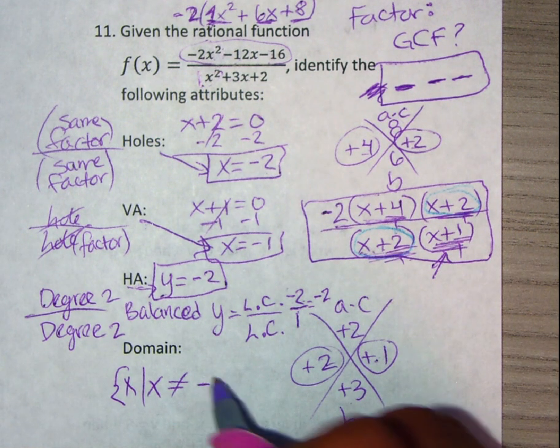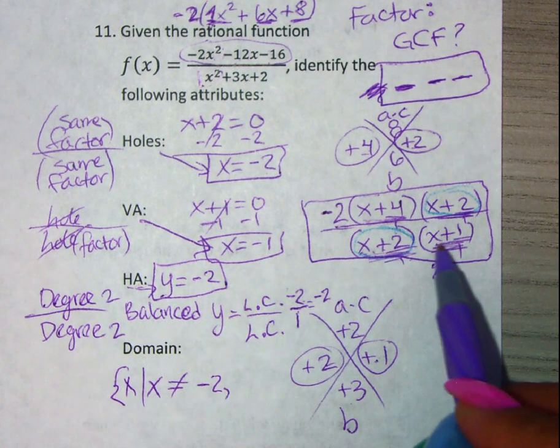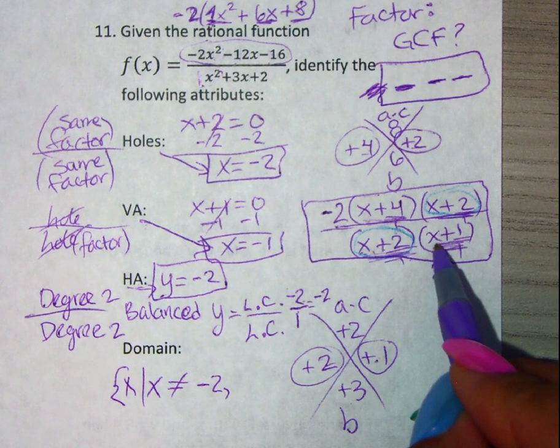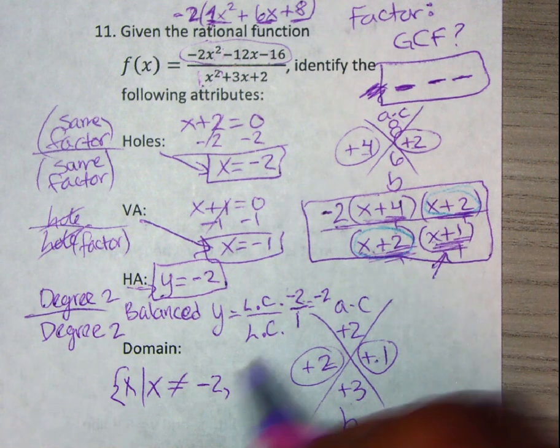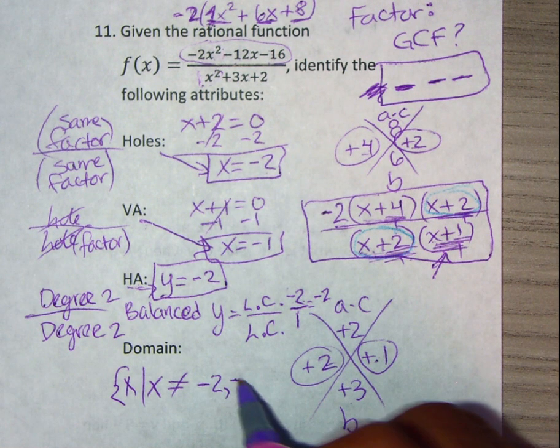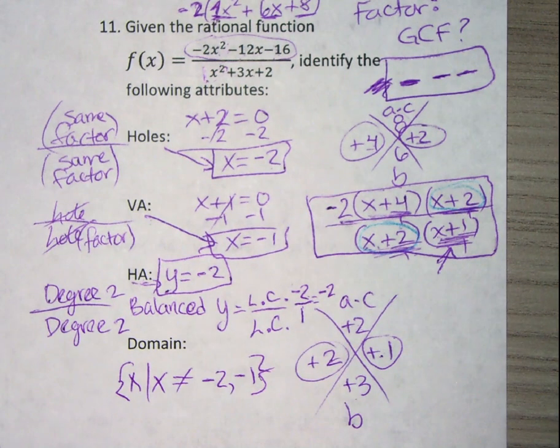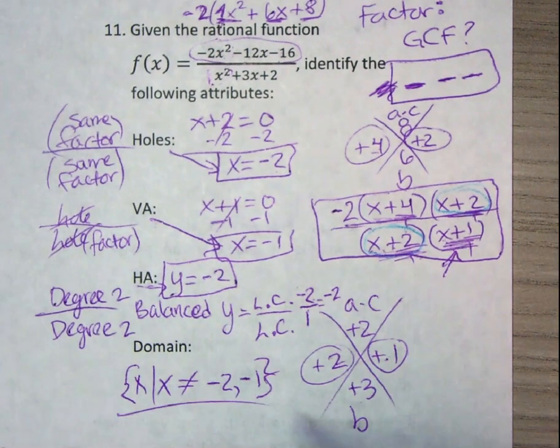So we cannot use -2. And then we also found out that x cannot equal -1 because if you put a -1 in there, -1 plus 1 will give you 0. So you also will have -1 as a number that you cannot use. And that is how you identify your domain.